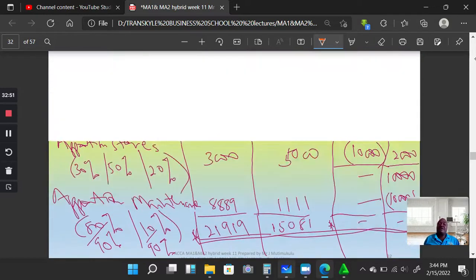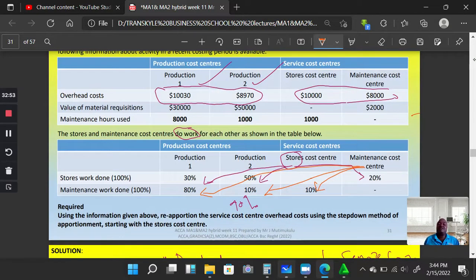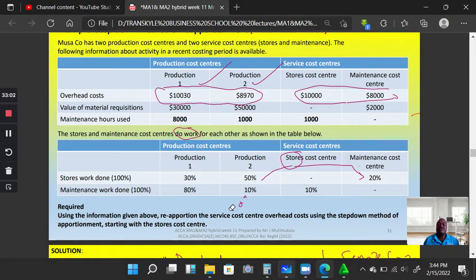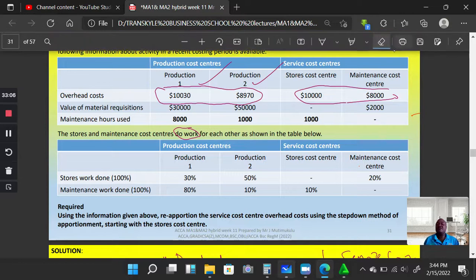Let us go back to the question and see the stores' percentages. We ask ourselves, stores, how much in terms of percentages were you servicing these guys?